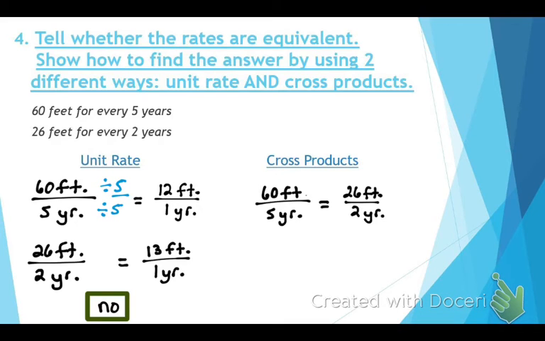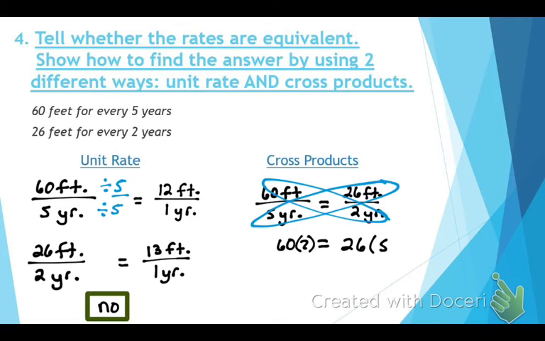As I said, we could use cross products to figure this out, which means I'm going to multiply this on one side, so 60 times 2, and find out if that is equivalent to this diagonally, which would be 26 times 5.